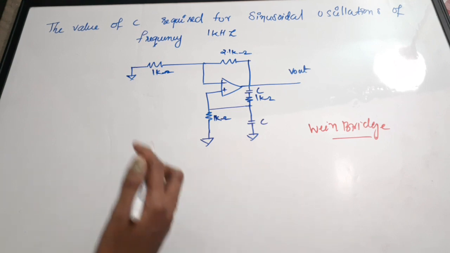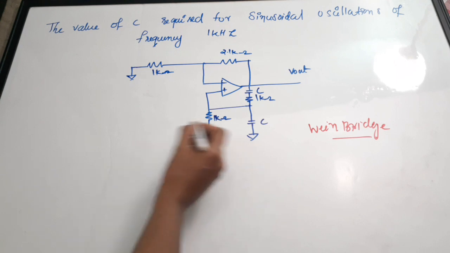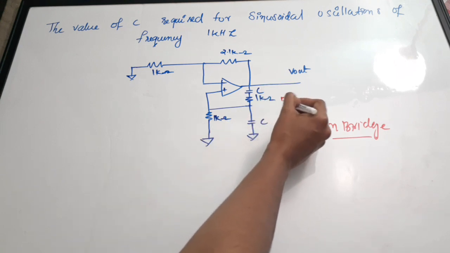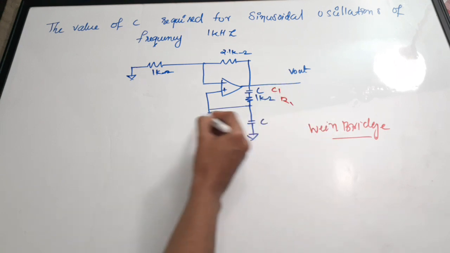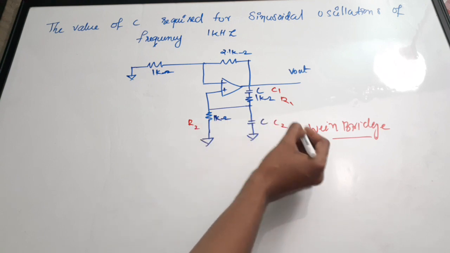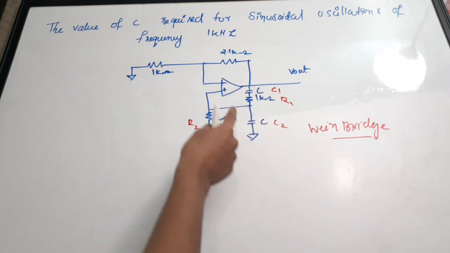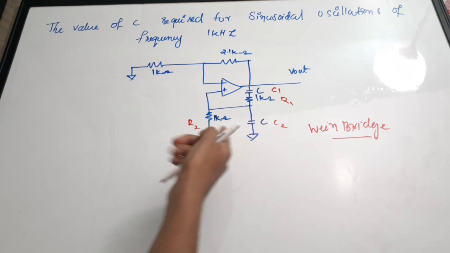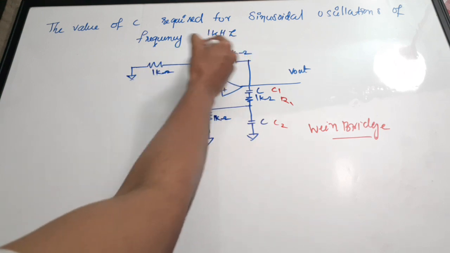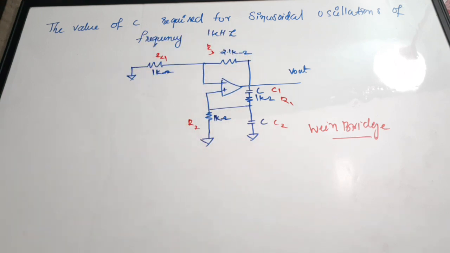In a Wien bridge oscillator, this is R1, this is C1, this is R2, and this is C2. So the band has R1, C1, R2, C2. This is R3 and R4. That is the connection.